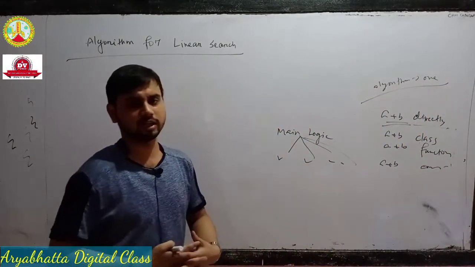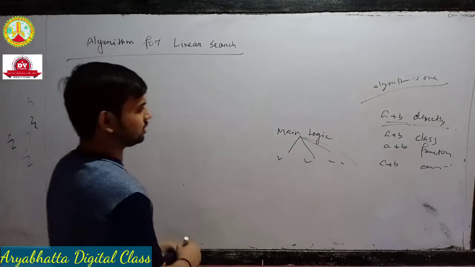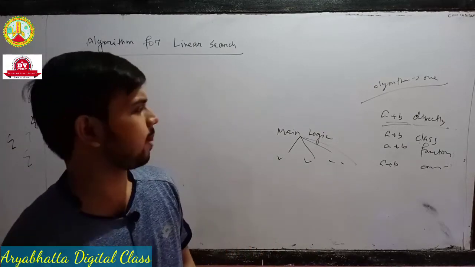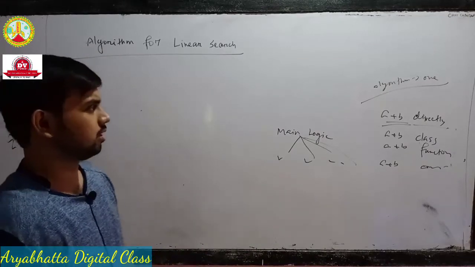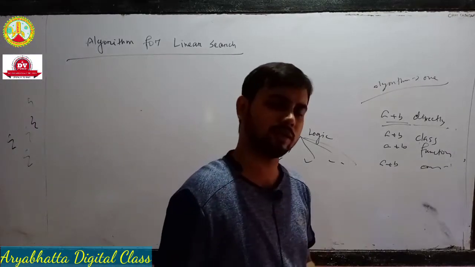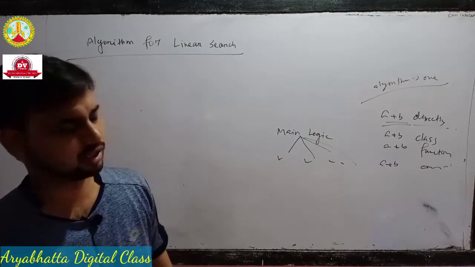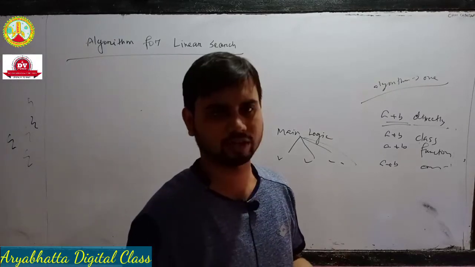A program can be done in various ways, and many compilers are used. We work in Turbo C because our syllabus uses it and we are on the Windows operating system. If you do the same program in Linux or another compiler, like Code::Blocks, then the syntax style is different.